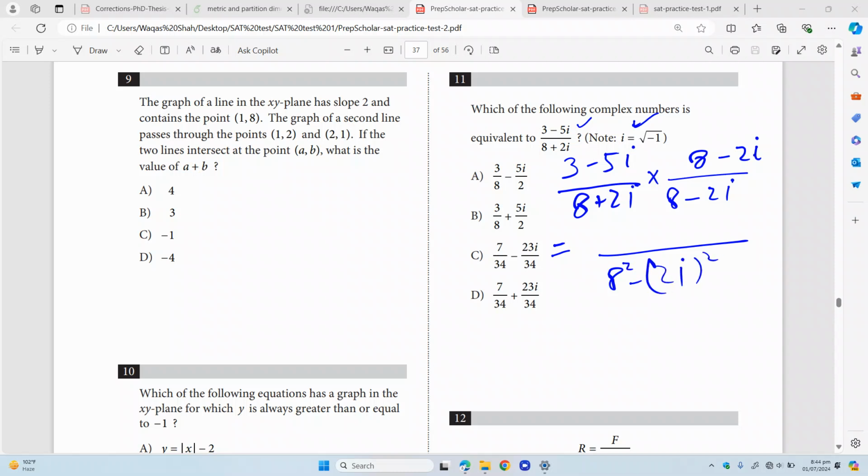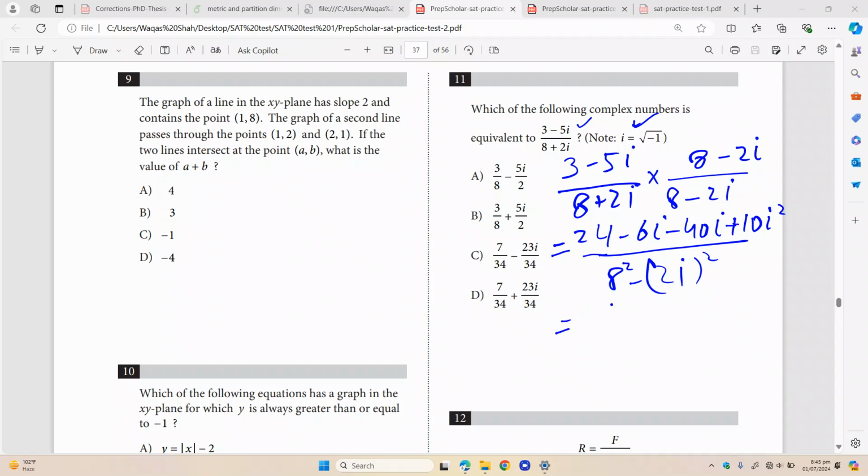Okay, now multiply the numerator as well. So we will have 3 times 8 is 24, and 3 2s are 6, so 6i, and then 5i into 8 is minus 40i, and then 5 2s are 10, so 10i square.